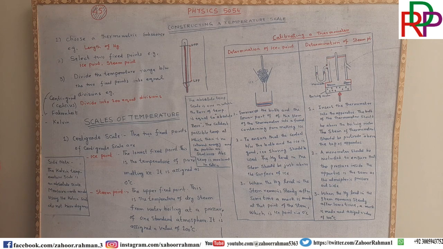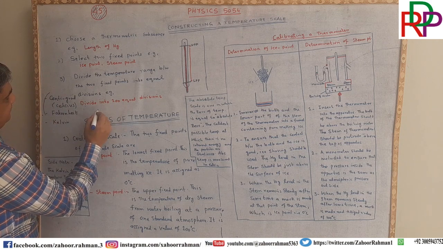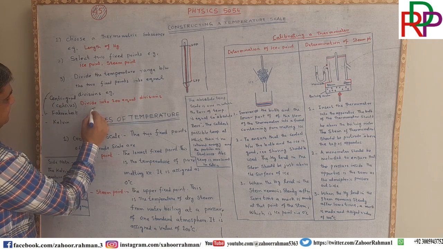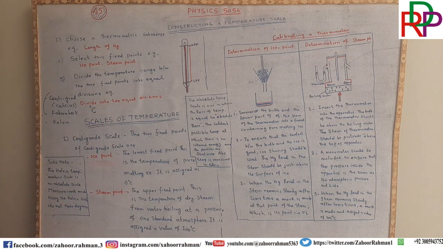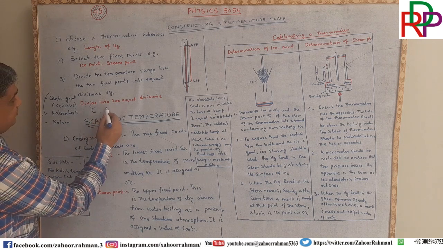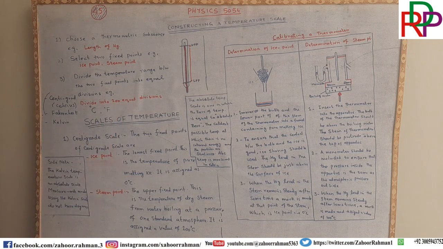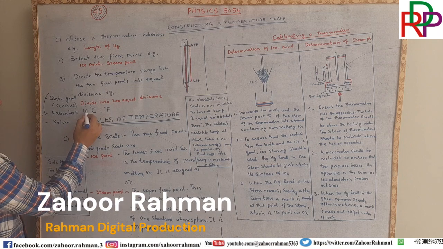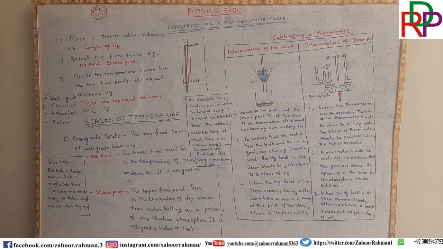Ladies and gentlemen, one very important thing I am saying to you: in case of Celsius or centigrade, you can call it degree Celsius or degree centigrade. In case of Fahrenheit, you can say degree Fahrenheit, whatever the value, for example, 100 degree centigrade or Celsius.